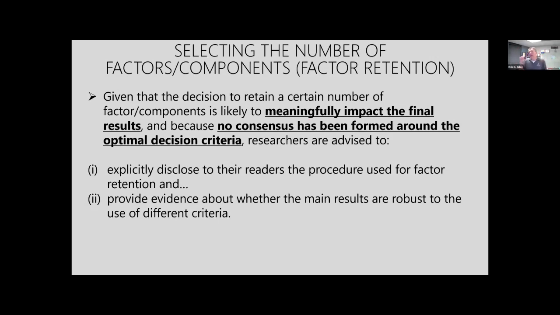But by the way, there's a 4th factor that's really close here. And by the way, when we use that 4th factor, here's the effect on the results. Assuming that we didn't use that Kaiser criterion, how does our paper change? That's what we're asking for in our study. Okay, providing evidence whether or not the main results are robust if you use a different criterion.